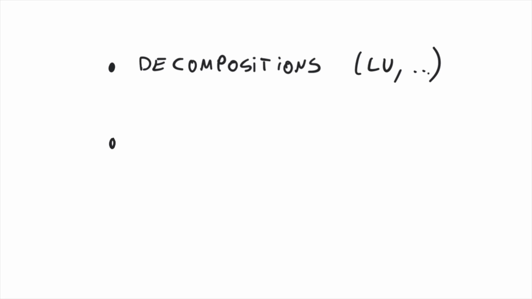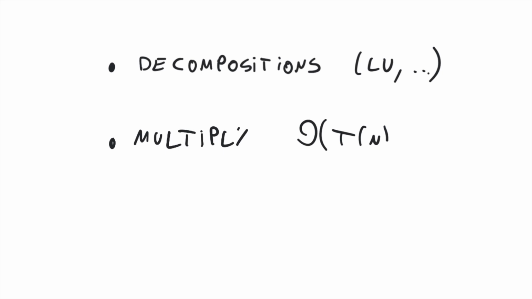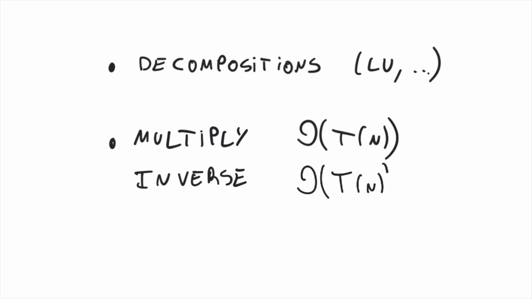Another comment is that if you can show that you can multiply matrices in O(t(n)) time as a function of the matrix size, then computing the inverse of a matrix is also O(t(n)).